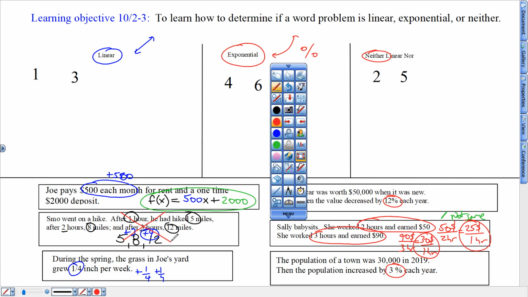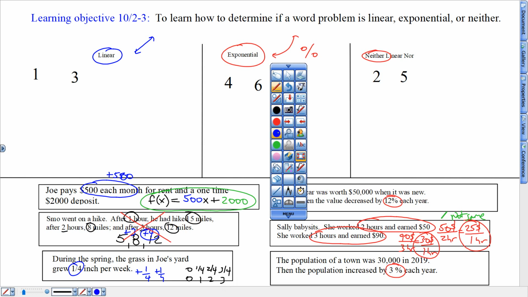All right, this last one here, adding 1/4 of an inch, I'm going to say the first one is growing at 0. There's no grass at the beginning. So then it goes up by 1/4. So if I go 1, it goes to 1/4. And if I go 2, it goes to 2/4. If I go 3, it goes to 3/4 of an inch.